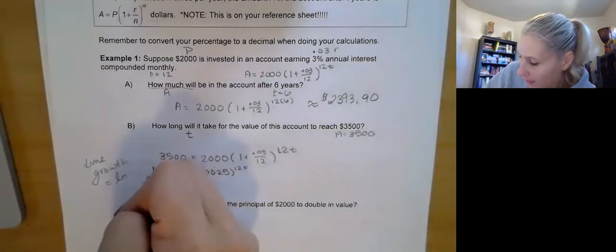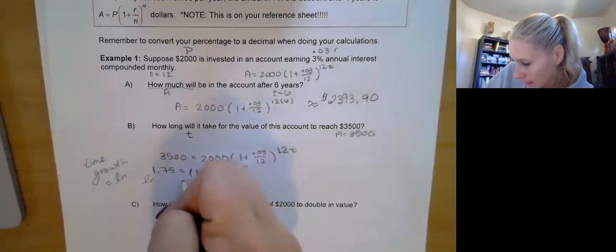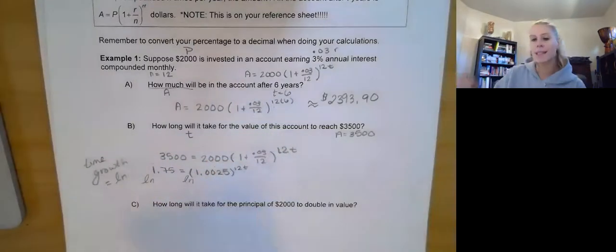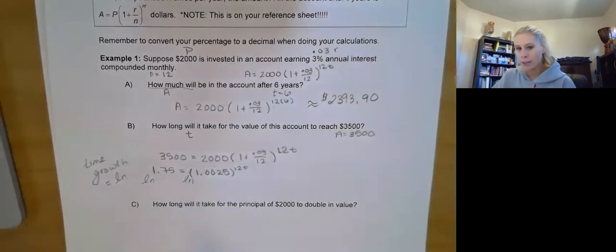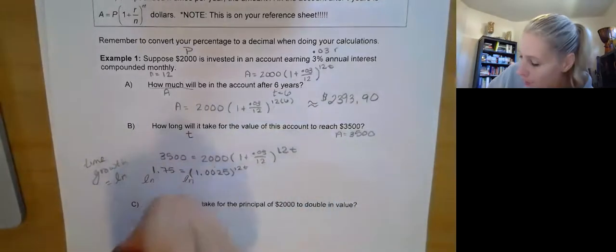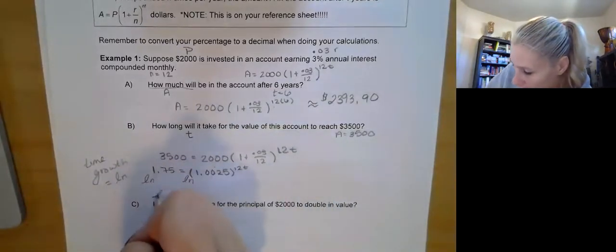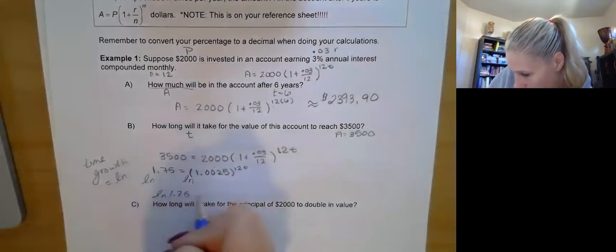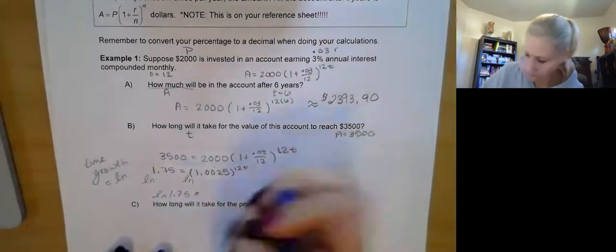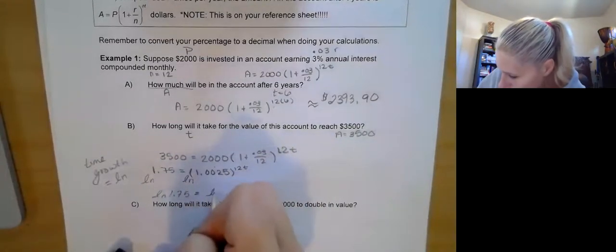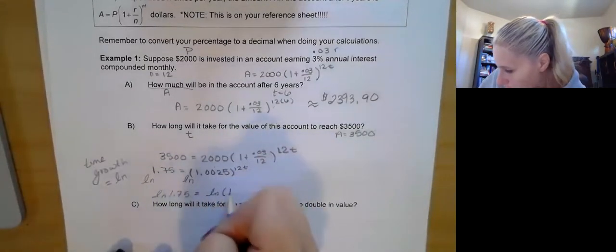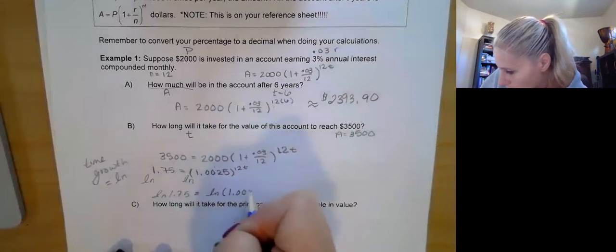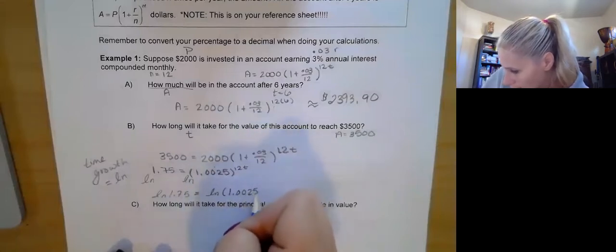To do that, I ln both sides. Now, of course, ln is not the base itself. I know this looks like an exponent, but it's because I'm running out of space. So what I have right now is ln of 1.75 equals ln of 1.0025.